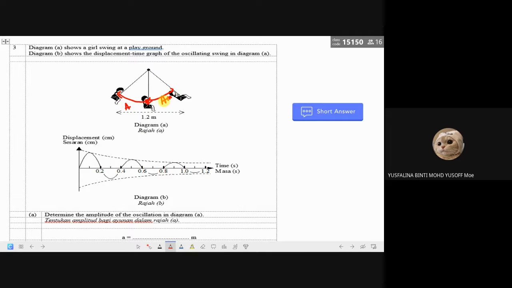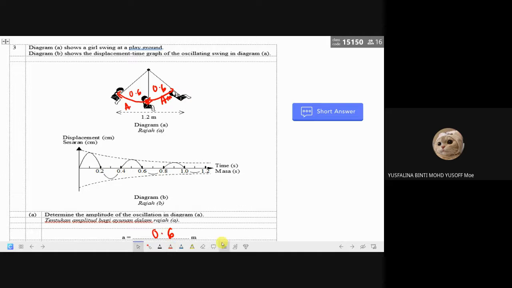Okay, so this one already gives you 1.2 from here to here. If this is the amplitude and this one is also the amplitude, the value must be the same. So 1.2 divided by 2, this one is 0.6, 0.6. So actually the amplitude is 0.6 meter.